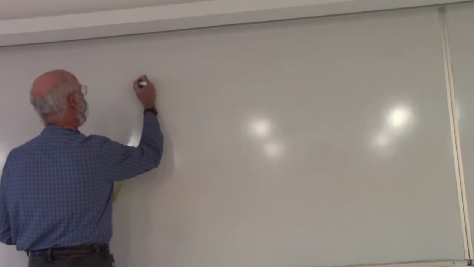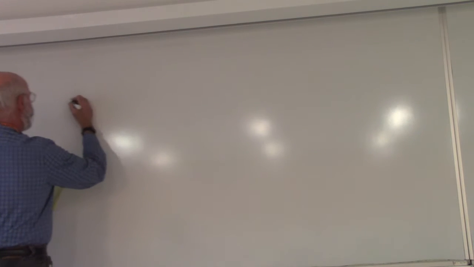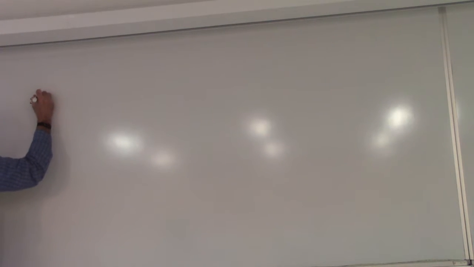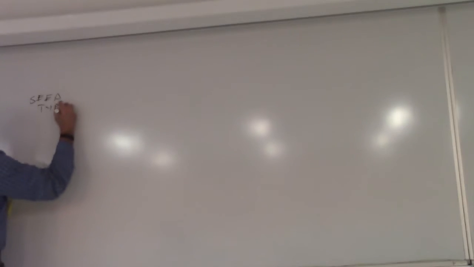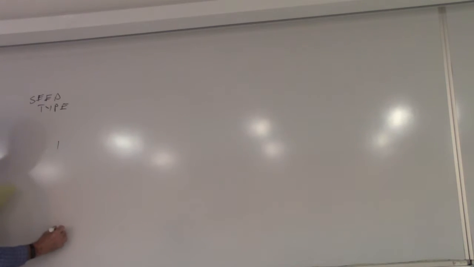Boy, did I even talk about a data set? I don't think that I did. The data set that we were looking at, there were two different varieties of seeds. So we had seed type 1 and seed type 2.